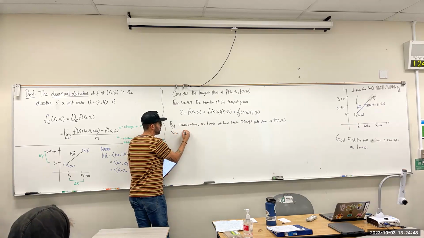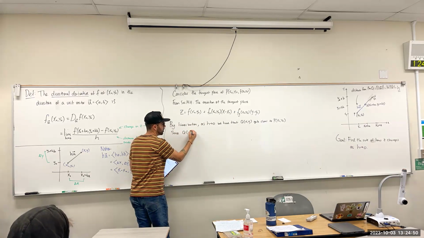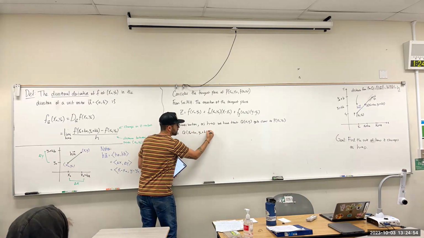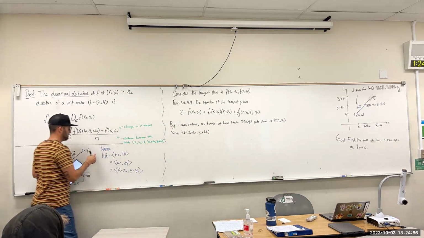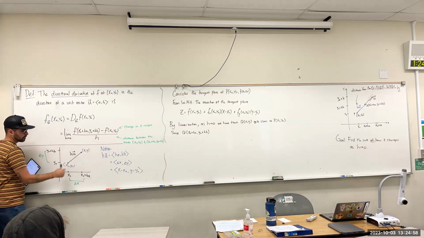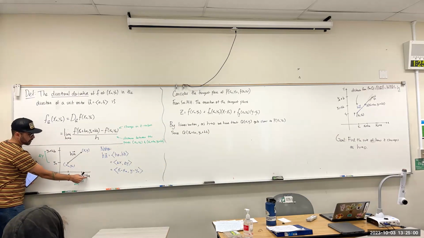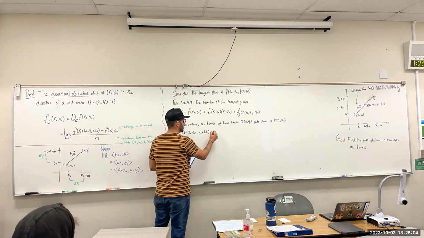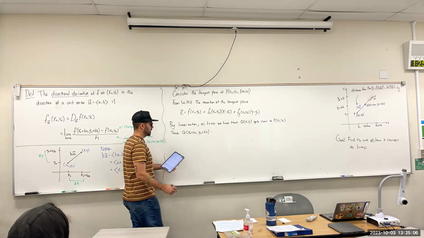Right now we're saying that point Q has coordinates x naught plus ha, y naught plus hb, by this picture here. The x coordinate is x naught plus ha.